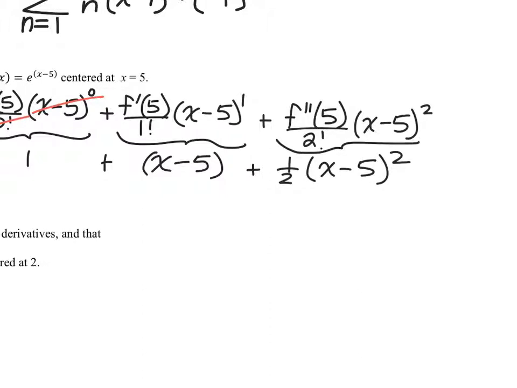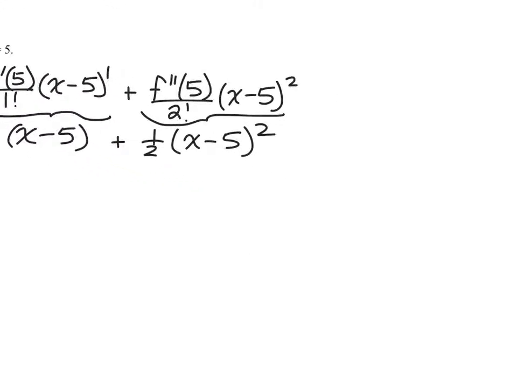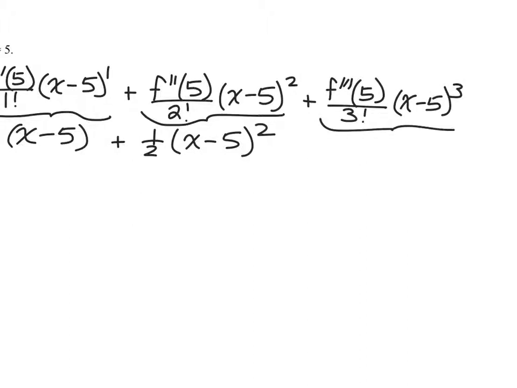That's what all this boils down to. Then the triple prime over 3 factorial times x minus 5 cubed gives us 1/6 x minus 5 cubed.